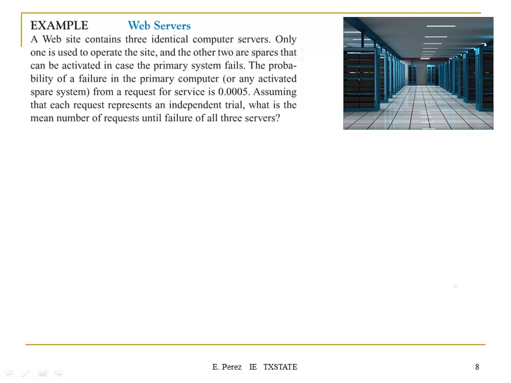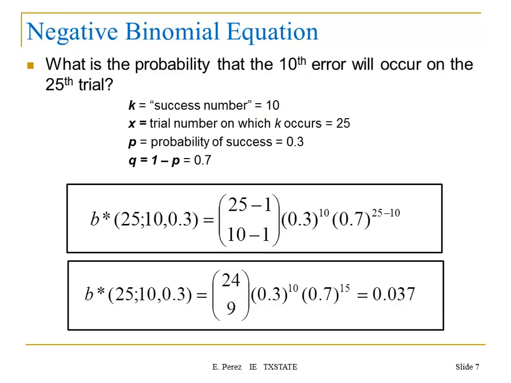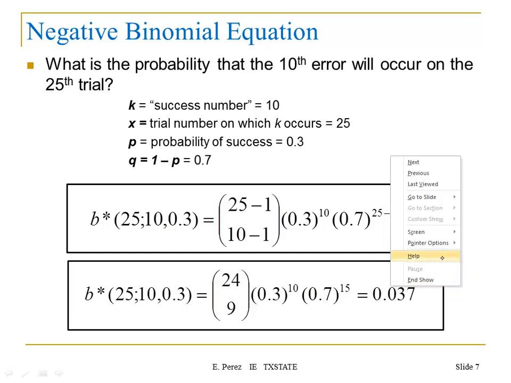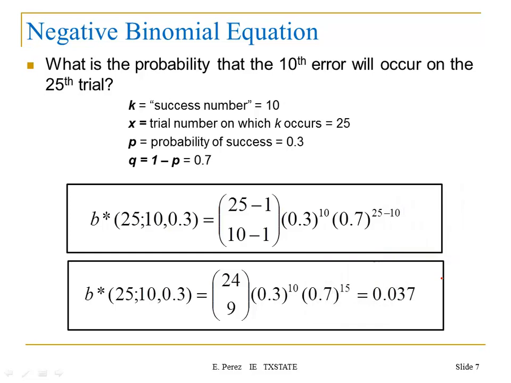So the probability of having the 10th error occur on the 25th trial is very small.